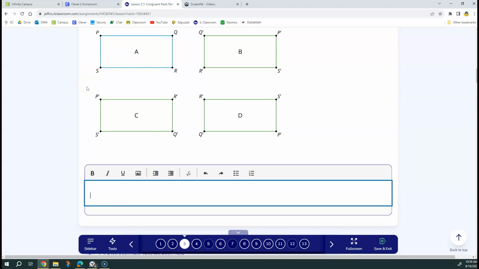Okay, you've had 2 minutes to hopefully write down some noticings and wonderings. The first thing I notice, of course, is that rectangle A is blue.